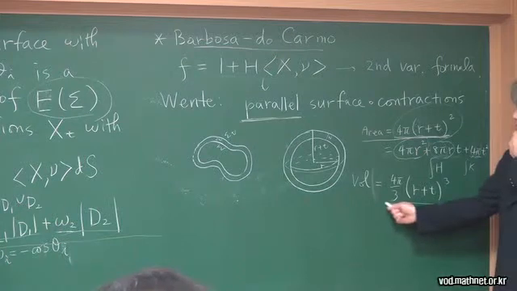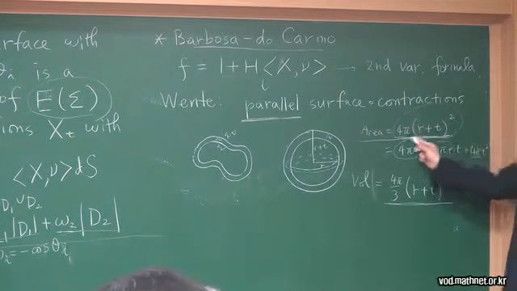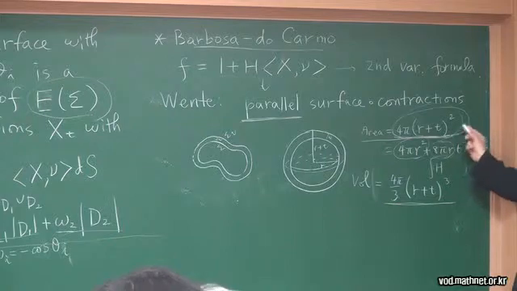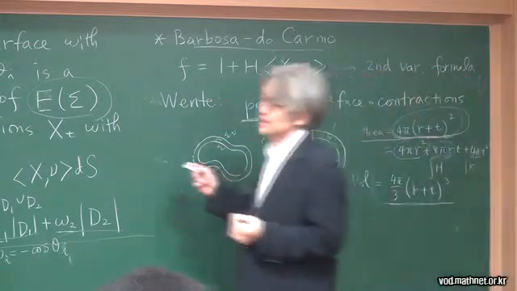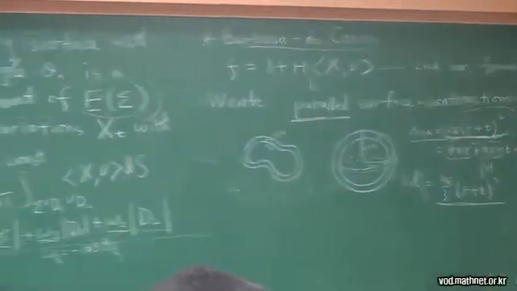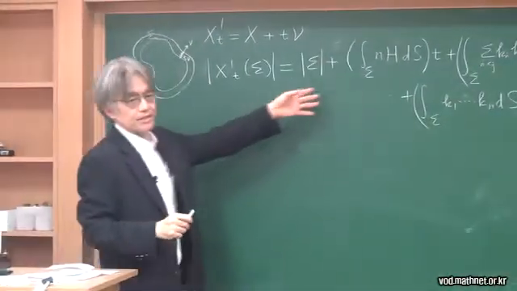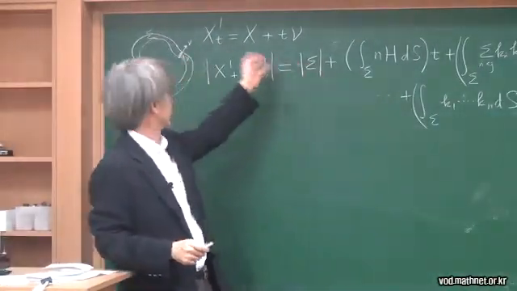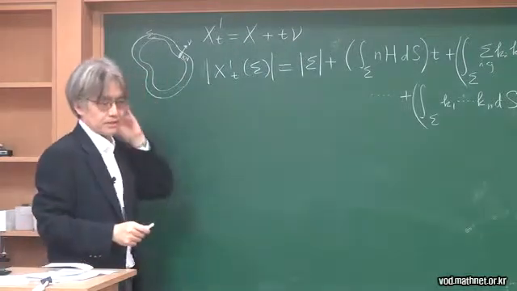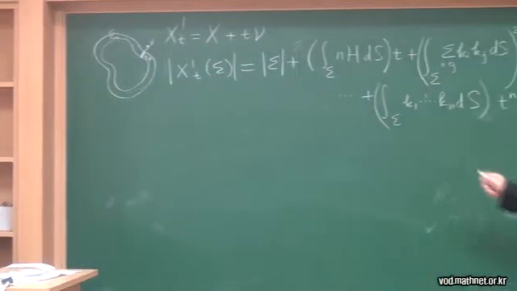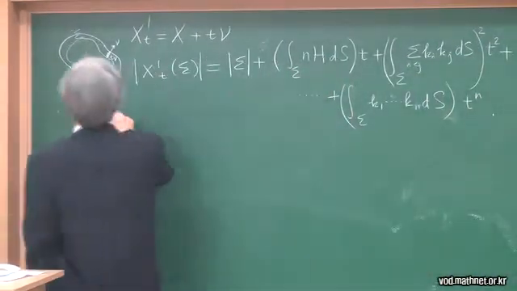And this is nothing but the integral of this with respect to r, with respect to t. So similarly, for the interior volume, we can just integrate the right-hand side to get the interior volume. So this is called the tube formula.